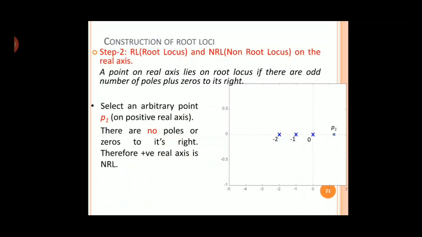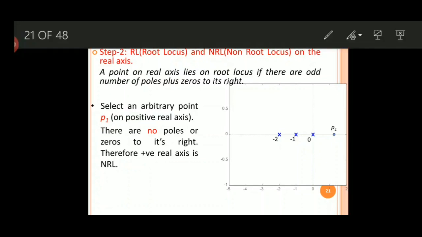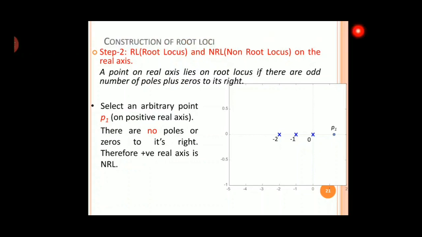In this particular example, there are only poles, which are marked at 0, minus 1 and minus 2. Now let us take an arbitrary point P1. I'm taking this arbitrary point P1 on different parts of the real axis. I'll start from the rightmost section.